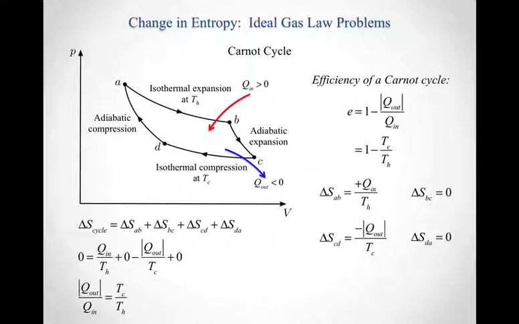When I put this in, I get an expression that lets me solve, and it says that the ratio of the absolute value of Q out to Qn is equal to the cold temperature over the hot temperature. It's thinking about the entropy change for the Carnot cycle that lets us replace this absolute value of Q out over Qn with this ratio of the two temperatures that your cycle runs at.